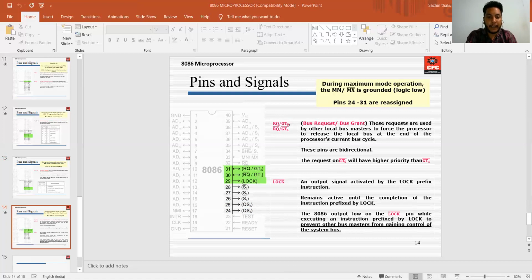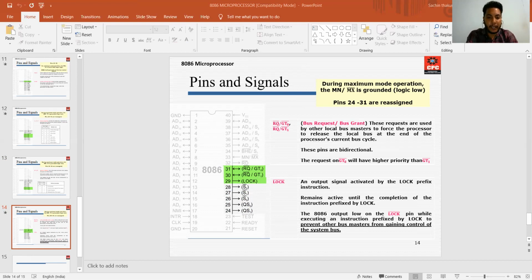The function of these request/grant pins is that they are used by other local bus masters to force the processor to release the local bus at the end of the processor's current bus cycle. These lines are bidirectional, means the data can flow in both directions, and are used to both request and grant a DMA operation. DMA means direct memory access operation.